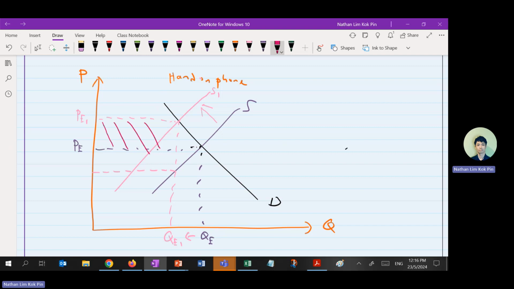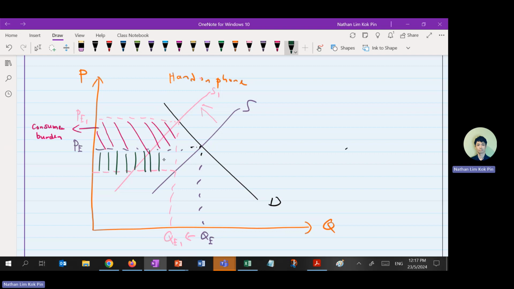So I shade this and label it consumer burden. The box below, I use another shade.